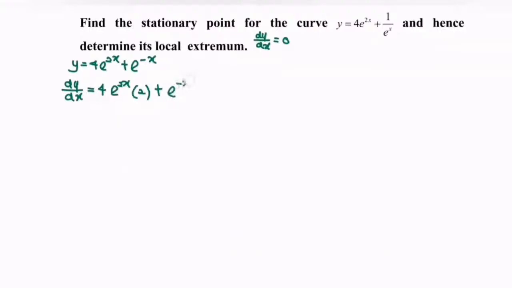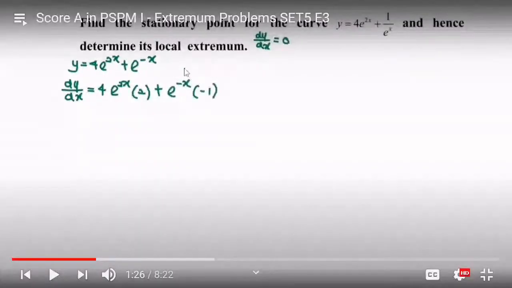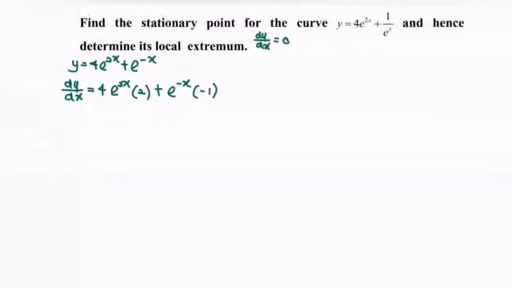So, take note. Maksud saya take note di sini, ini adalah benda yang selalu berlaku. Takut kita terlupa. When we differentiate the situation, we write dy/dx equals 8 multiplied with e^(2x) minus e^(negative x).